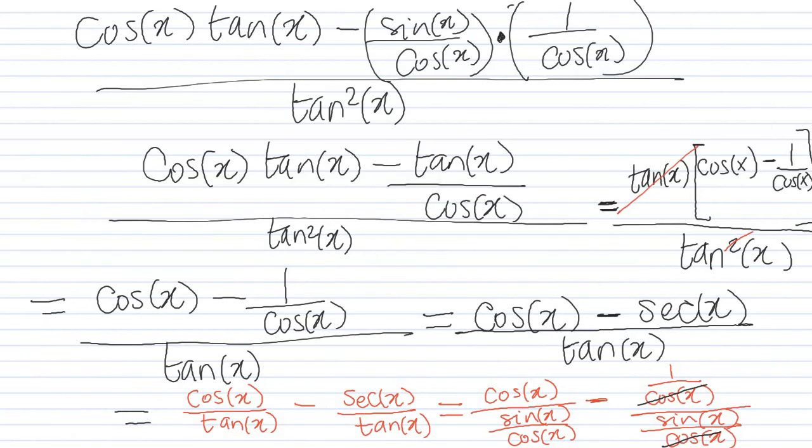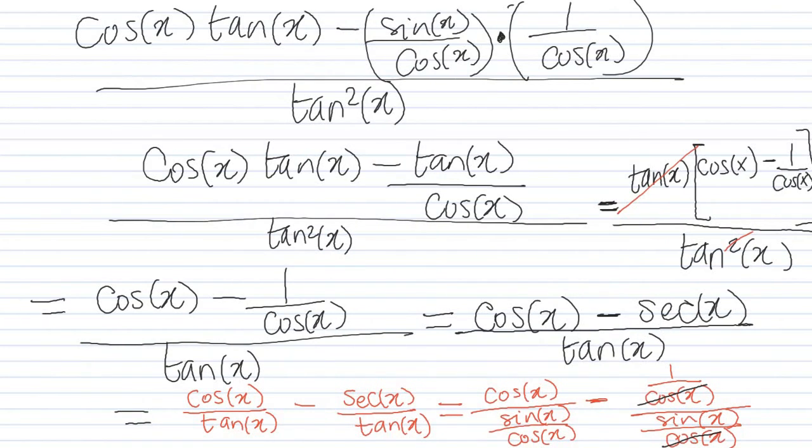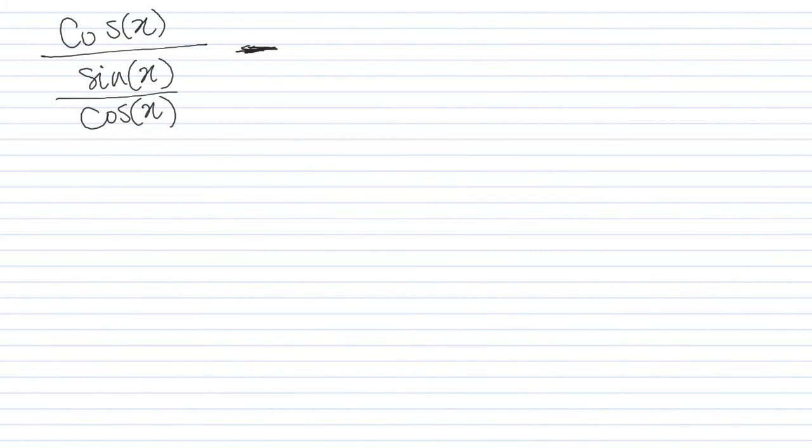So we have cosine x divided by sine x over cosine x, minus 1 over sine of x.